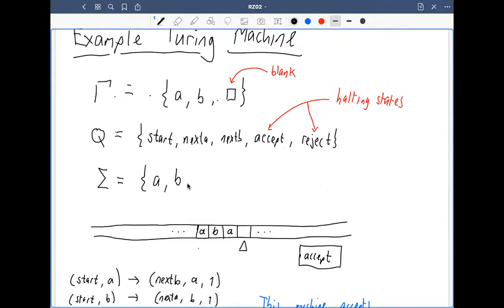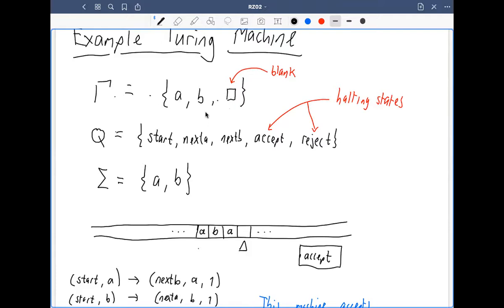So in the case of this machine, the input alphabet is just the rest of the tape alphabet apart from the blank symbol. But in some cases, it's useful to allow the tape alphabet to contain other things too. So for example, if you're doing a really complicated calculation, you might want to record some working information on the tape that's in a different alphabet from the one you're using for the input.